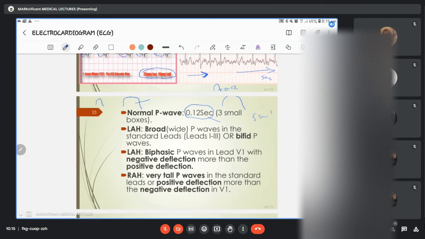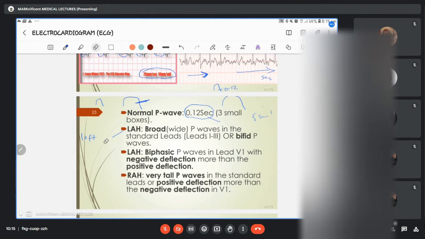Now, when you have a broad P wave, like I drew here, this is broad, this is wide. That's what it means. In the standard lead of 1, 2, or 3, or you have bifid P waves, then it is suggestive of LAH. LAH is left atrial, sorry, that's what I talk about, P wave, so it's atrium.